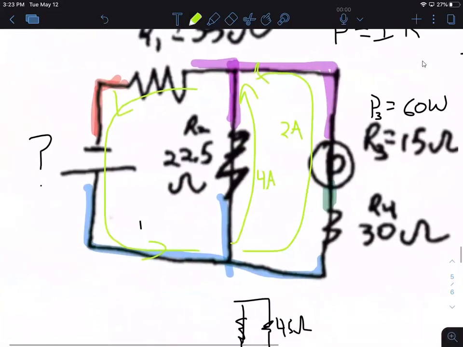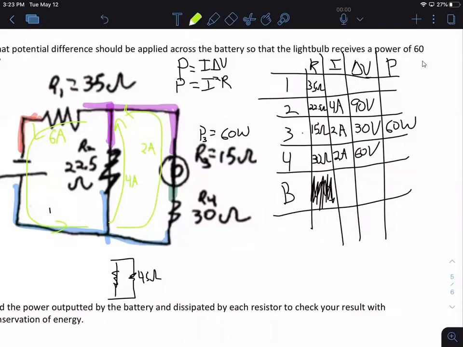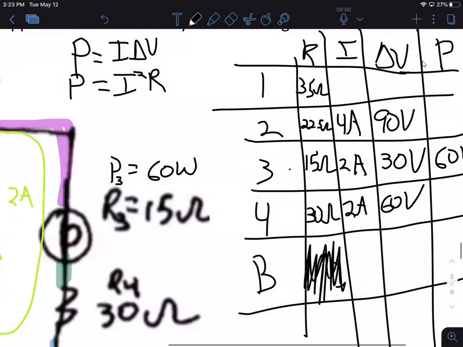All right, 4 amps, 2 amps coming together to make 6 amps. Or you can say 6 amps coming in and splitting to make 4 and 2. So that tells me the current through my final resistor here, R1, 6 amps. Also the current through the battery.